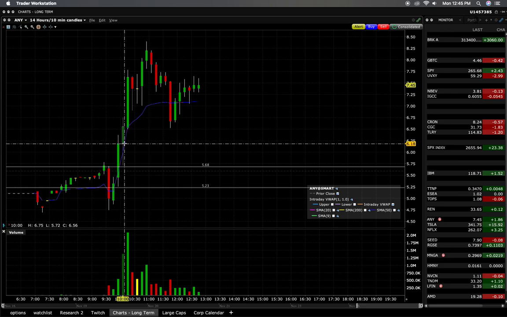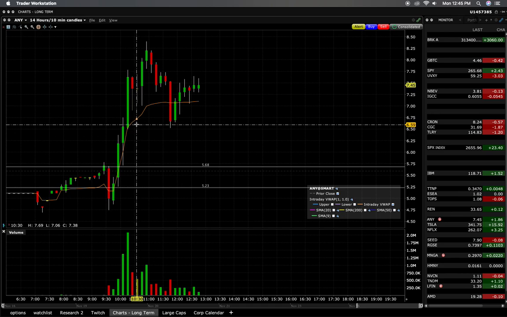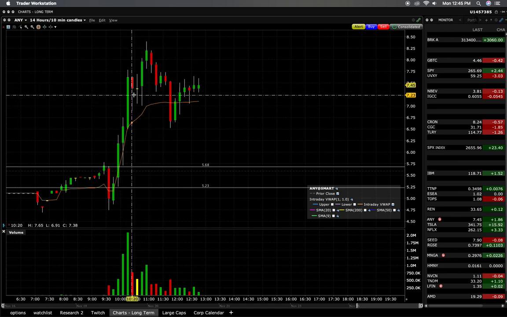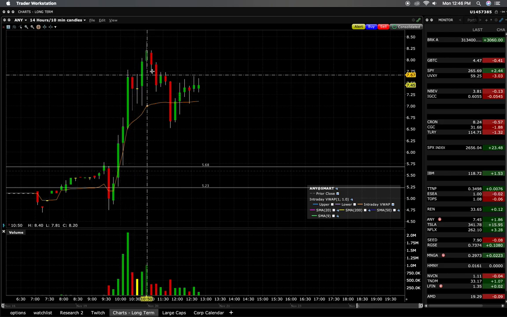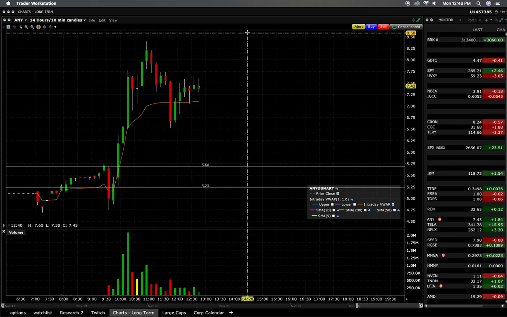So after this, the average price was 6, but now that the float has been completely rotated, we have all of this. The average price is probably up in here now or up in here. And as the stock climbs, the air bubble gets larger and larger and larger until it pops.